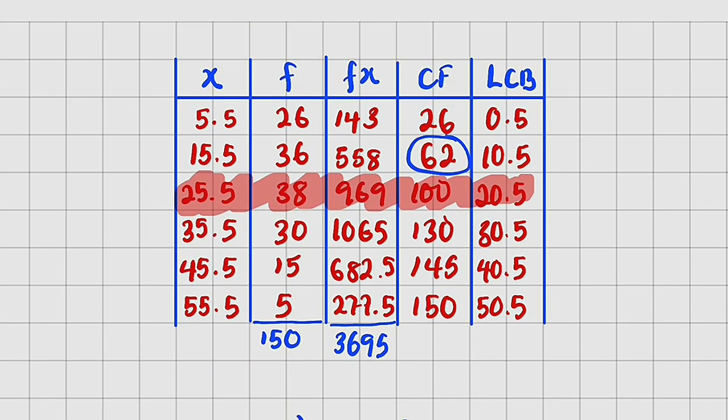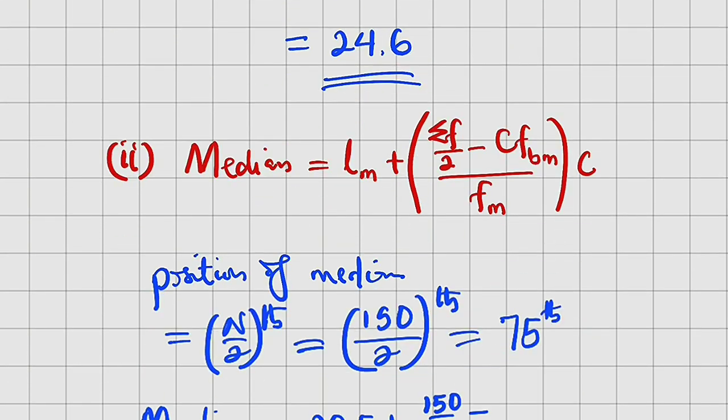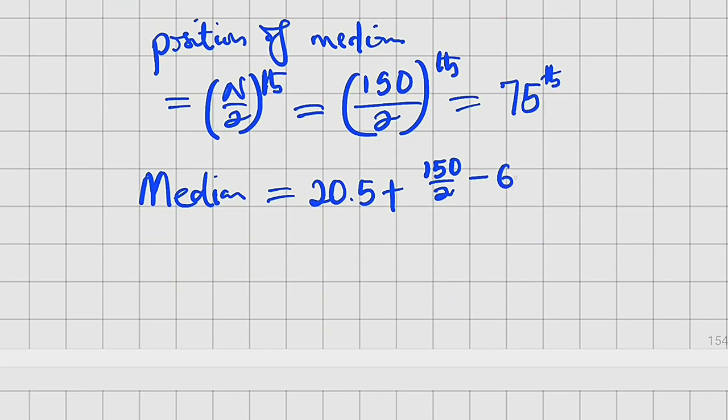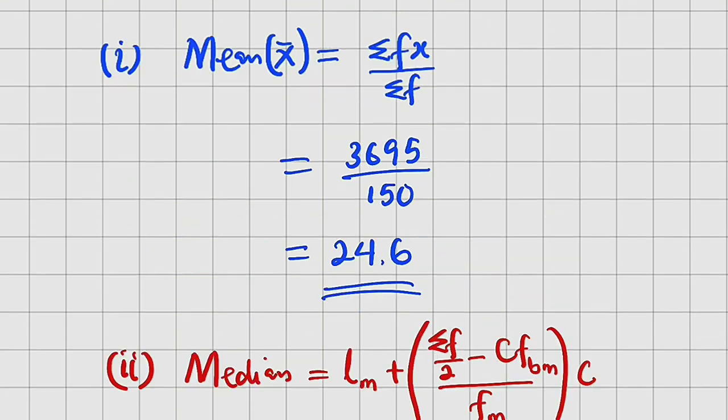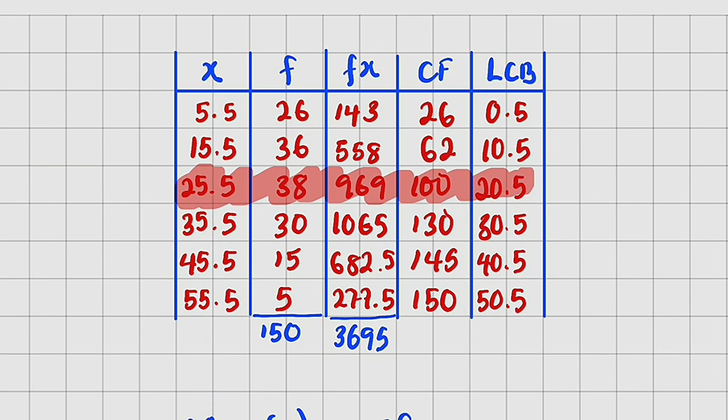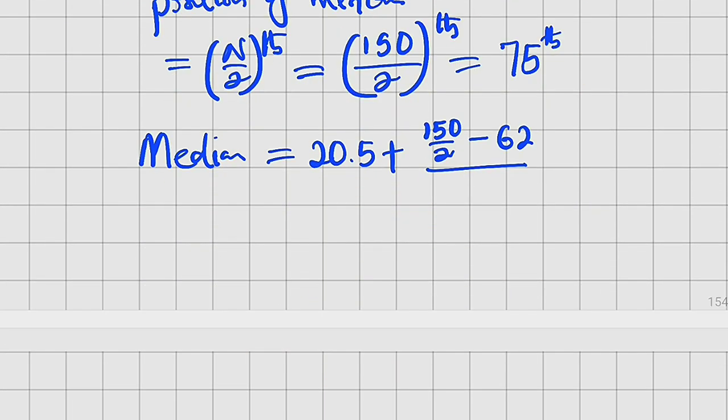So this is the cumulative frequency before the median class. That is 62. So minus 62 divided by the frequency of the median class. This is the frequency of the median class, that is 38. Multiplied by the class size, which is 10.